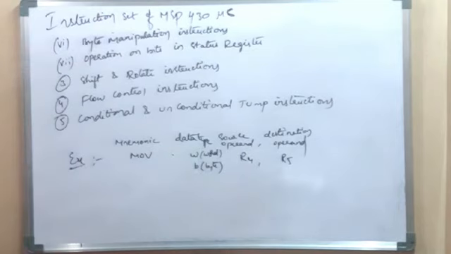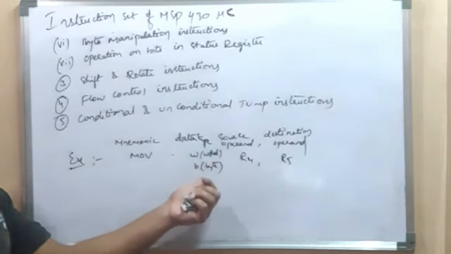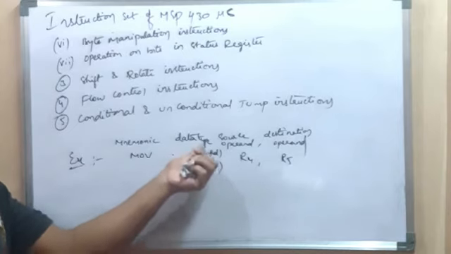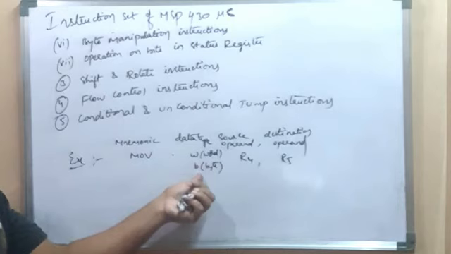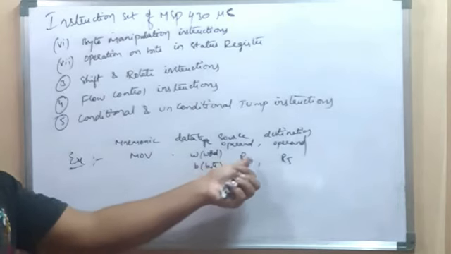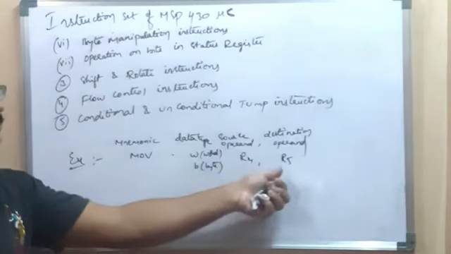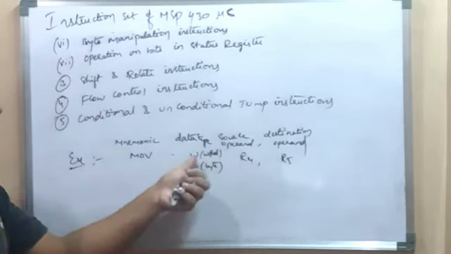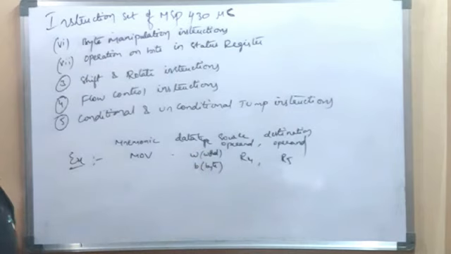So this is the instruction format we have in the MSP430. Additionally, we have a data type here when you compare this with the 8086 microprocessor. If it is defined as .B, an 8-bit operation is carried out between source and destination. If it is W, 16 bits are accessed.